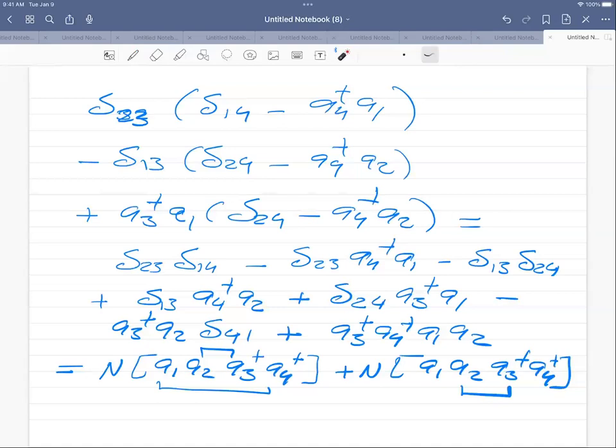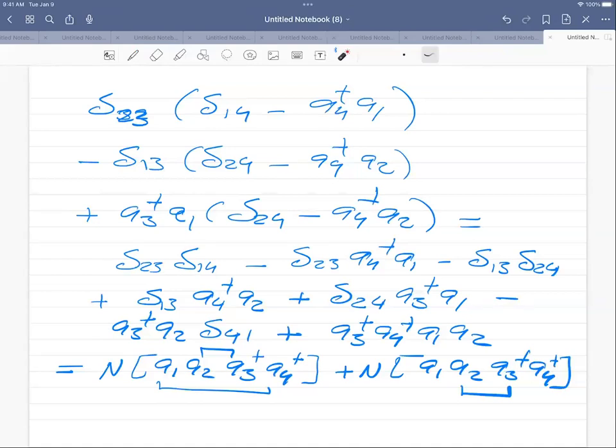By doing this example, which is pretty straightforward, you can get a feeling of how you build up Wick's theorem. You will have chains of such normal order products, which is a rewrite of this. And I think that when Wick discovered that, it really helped a lot for the development of quantum field theory.